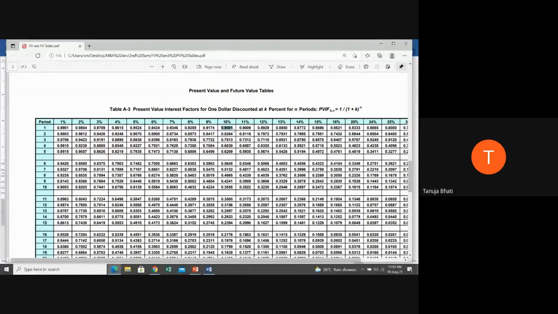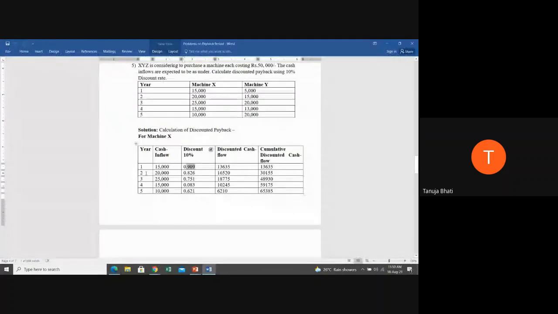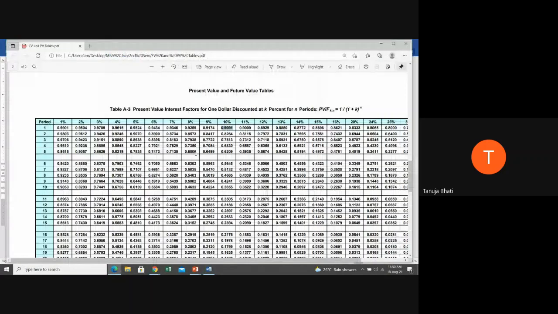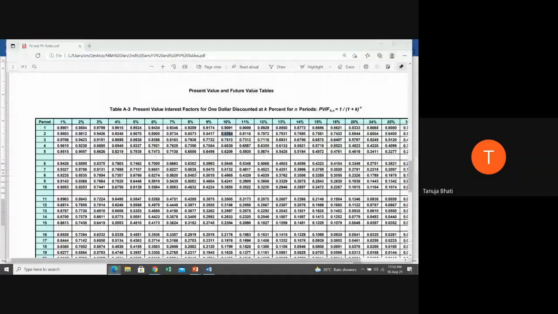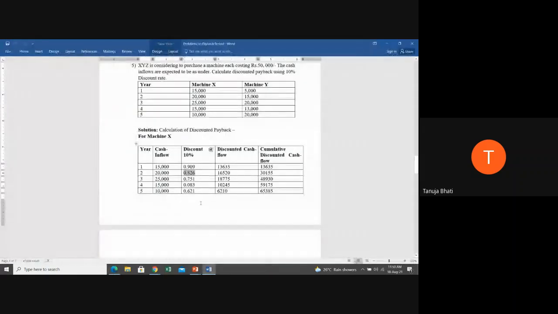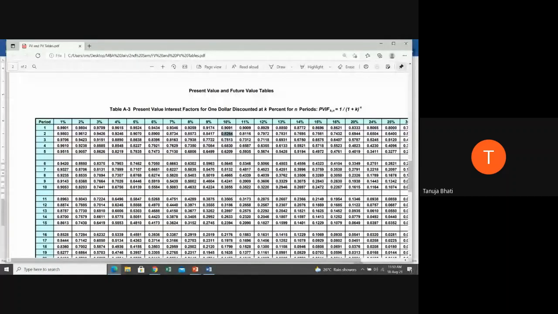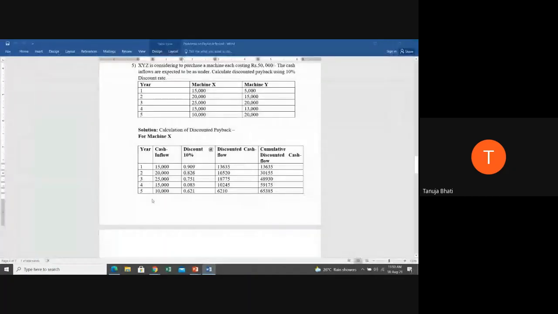So 0.9091. Then again for the year 2 at the discount rate of 10%, you're going to see it is 0.8264. I have written 0.826. Okay, I've just written 3 digits here. Similarly, for 3 years, you will have to take 0.7513. It is total for 5 years.